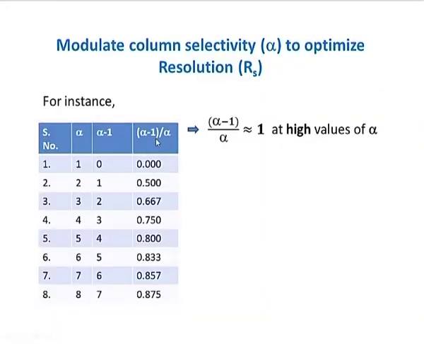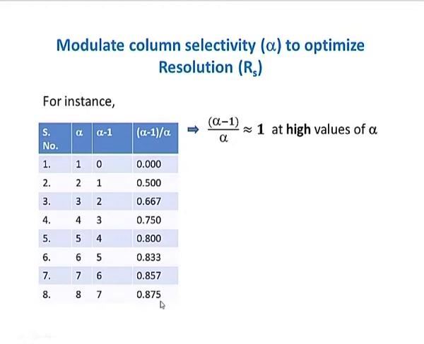Okay. Last thing about this selectivity factor is that if you note this particular table, you would realize that as the value of alpha starts to increase, this value of selectivity in resolution equation starts to approach the value of 1.